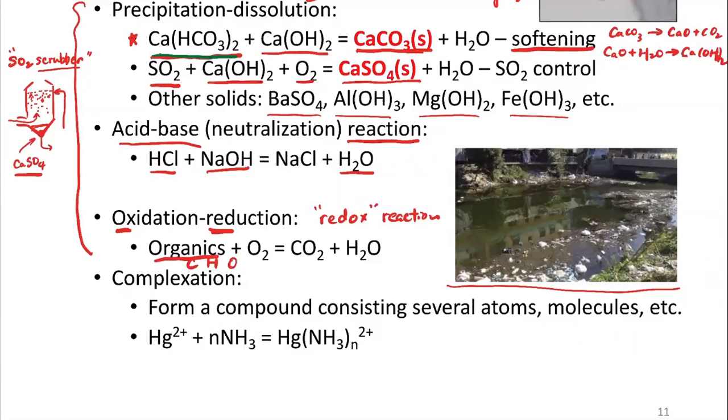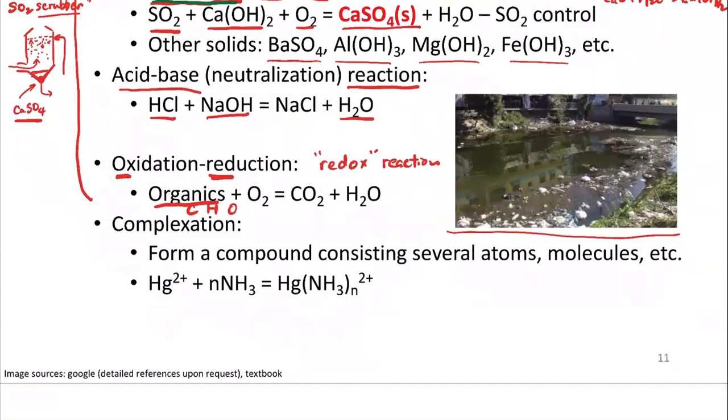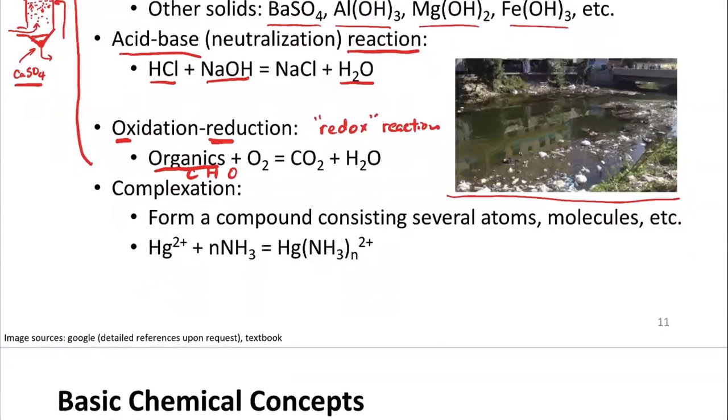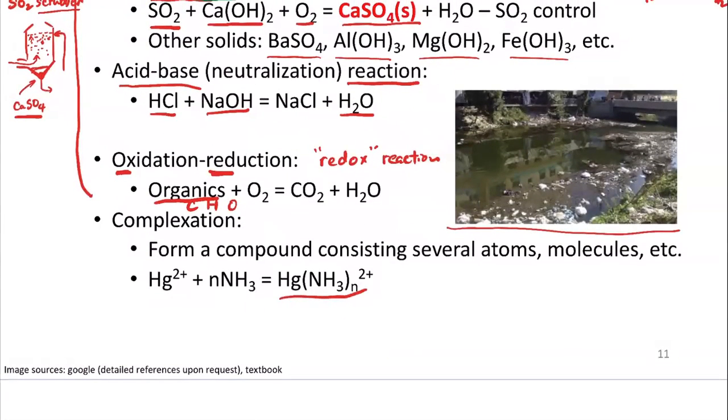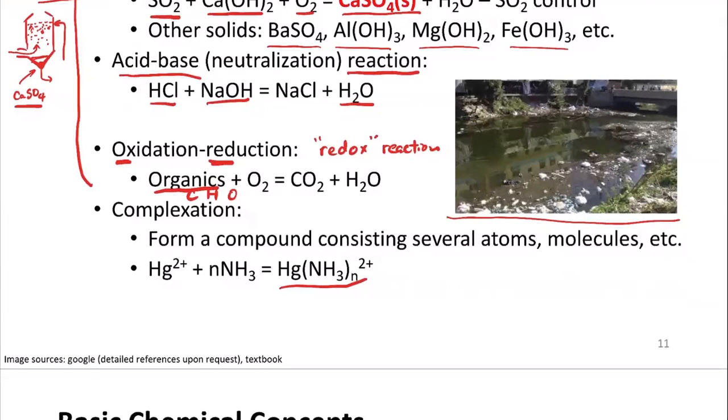So this is an example of the oxidation-reduction reaction. Another type can be the complexation reaction. This is the formation of compounds that has the interaction of the van der Waals force. As we mentioned, we're not going to deal with this type of reaction in this class.